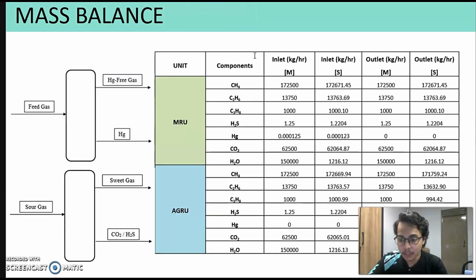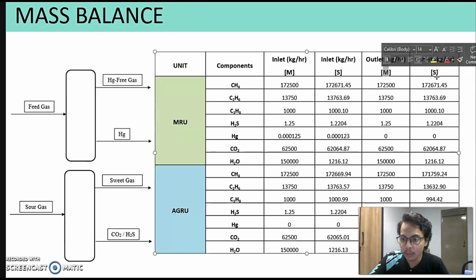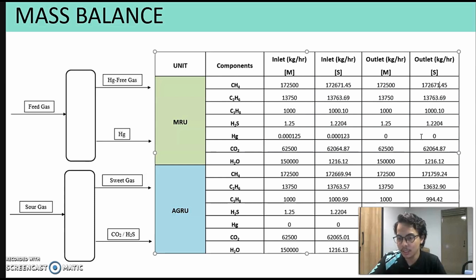Next is mass balance. So basically from the mass balance, I will just go briefly. We can see the outlet of the natural gas after it goes through MRU is 0. That means total separation, complete removal of mercury. M indicates manual and S indicates simulation. So basically the manual and simulation are the same, where complete removal of mercury is obtained.